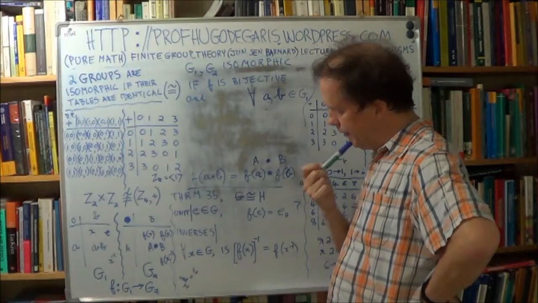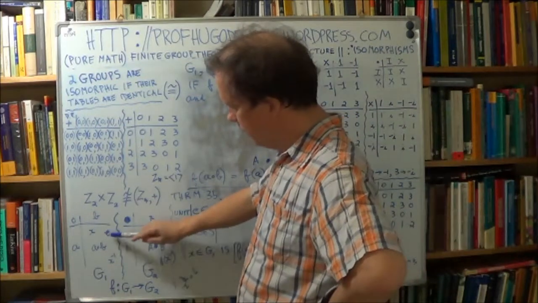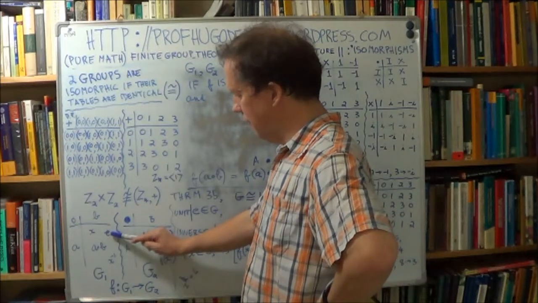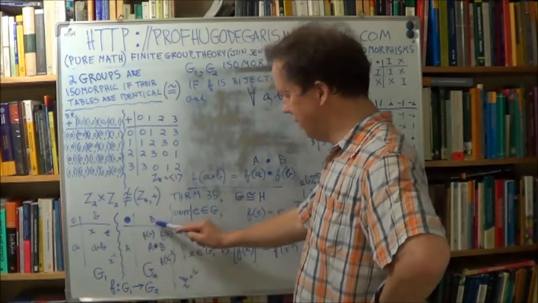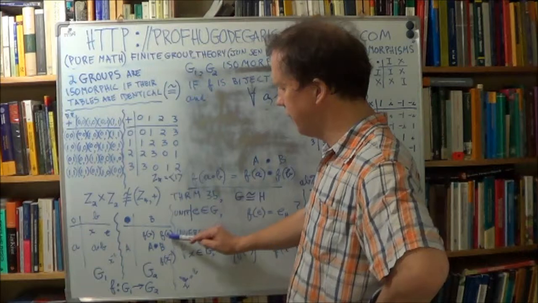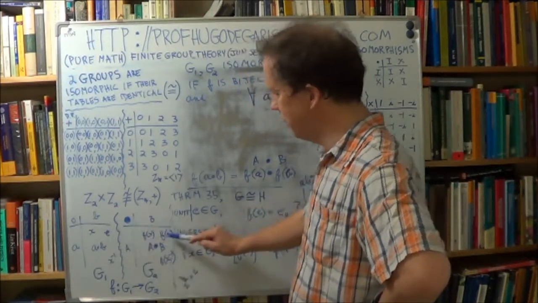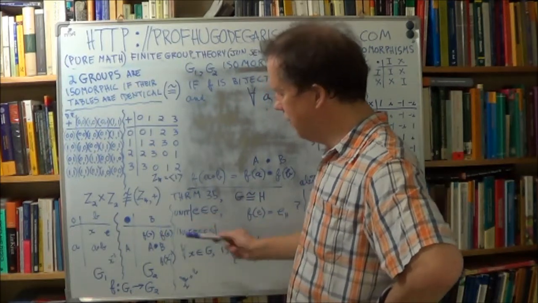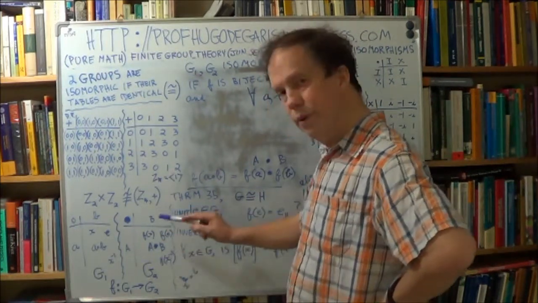If I have, let's say, here's my unit of the first group, and I'll map that, so that'll just be f of e, right? I just map this one into here. But is this f of e the unit of this group?